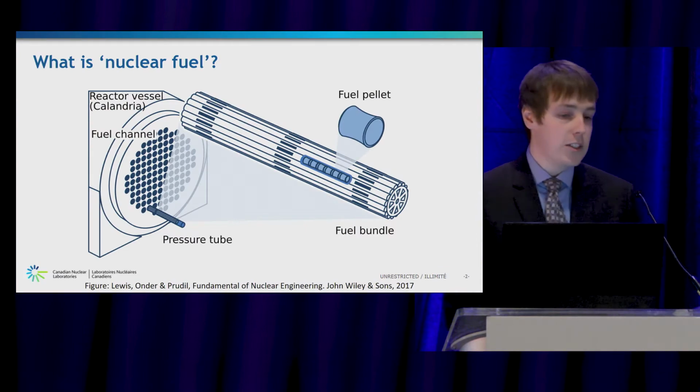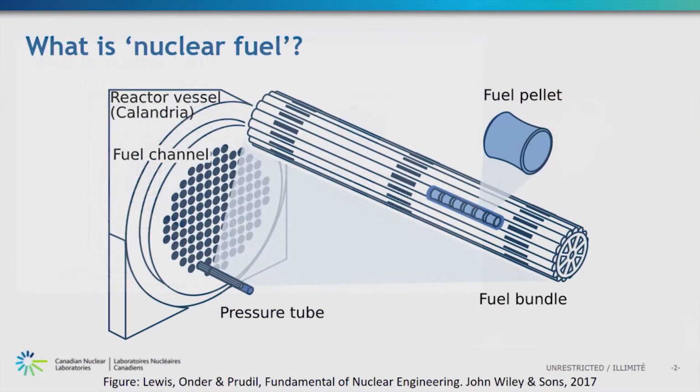So I'm going to be talking to you about nuclear fuel modeling. So what is it? There's a pictorial diagram here. This is of a Canadian nuclear fuel design, but it's really very similar for most of the rest of the world.